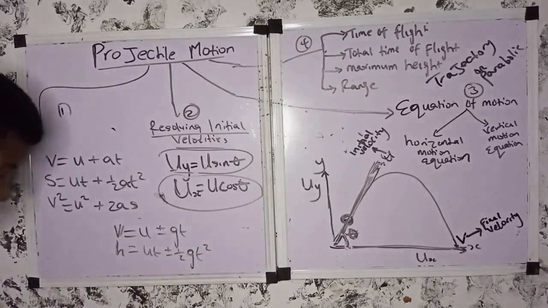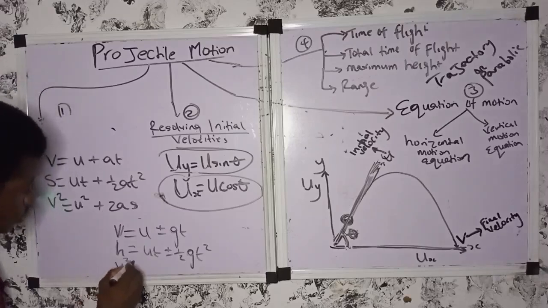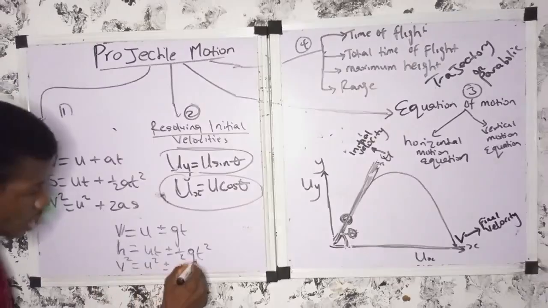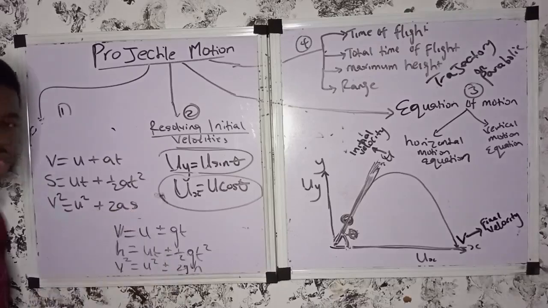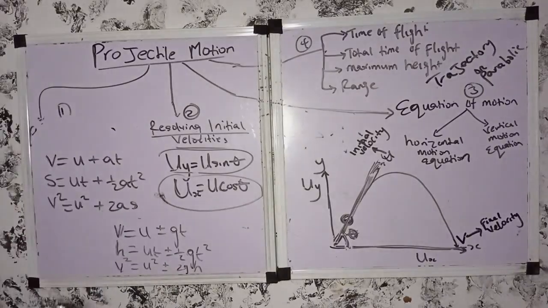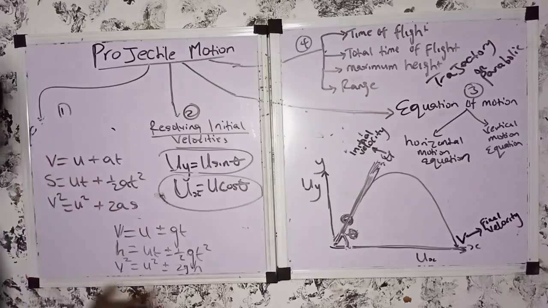The last one is v square equals u square plus or minus 2gh. So remember, the distance turns to h and a turns to g. So these are the equations of horizontal and vertical motion, but they are the same thing.